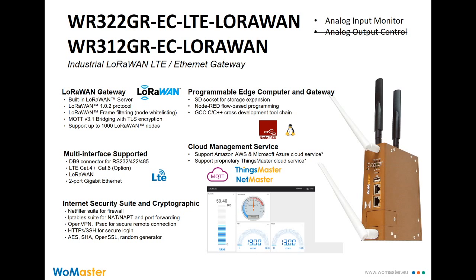They have a built-in LoRaWAN server and support MQTT, so users can connect to a cloud server with it as a gateway. It also supports different interfaces like serial ports, LTE with Cat4 or Cat6 optional, LoRaWAN, and 2 gigabit Ethernet ports to be flexible in building applications.